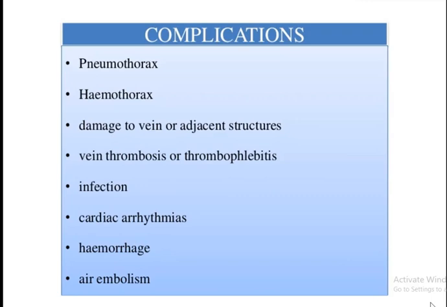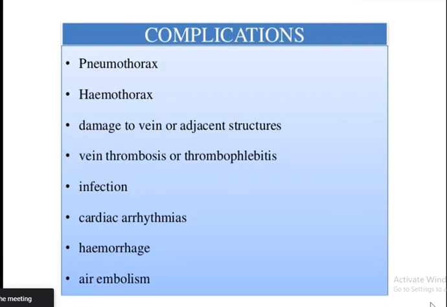Because in ICU the patients are on positive pressure ventilation, and in COPD patients the lungs may be overinflated. So you have to take all these factors into account. Whenever you are inserting a central venous cannula, decrease the PEEP, that is positive end expiratory pressure on the ventilator, to zero, so that the apex of the lung goes down, and it decreases the chances of pneumothorax or hemothorax.